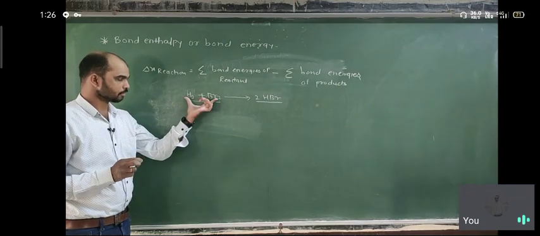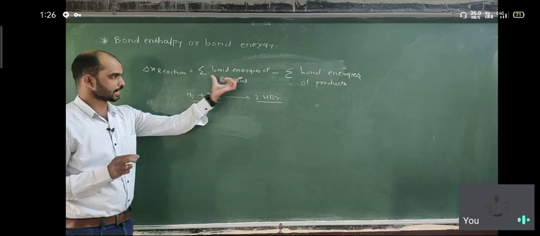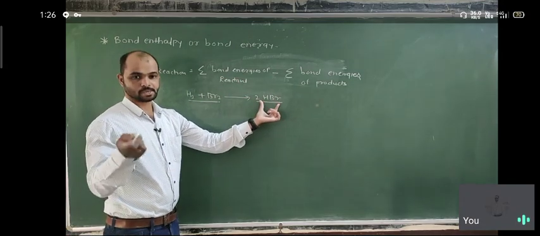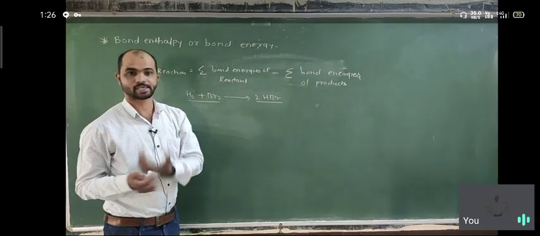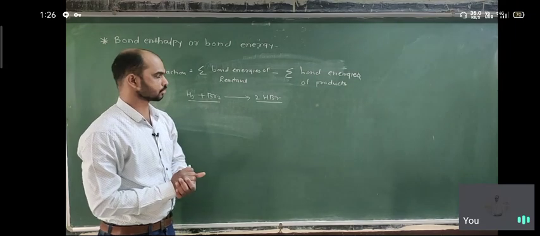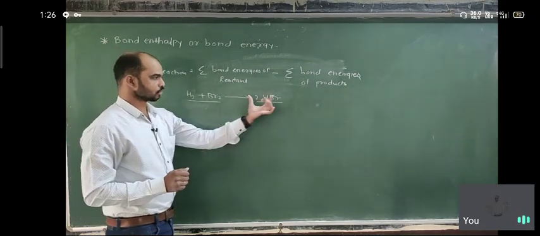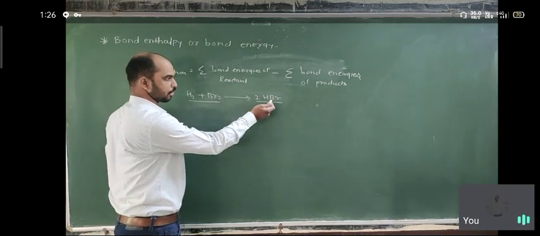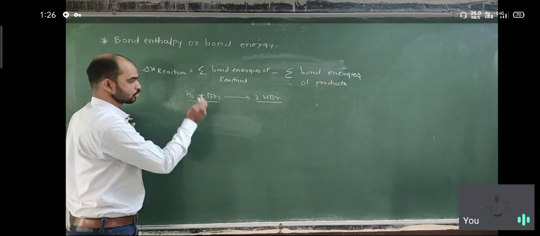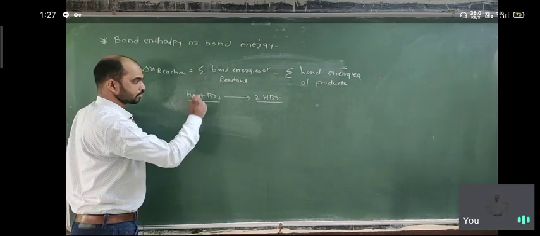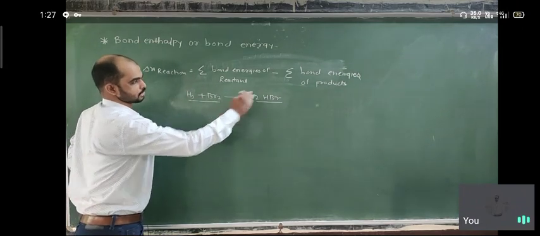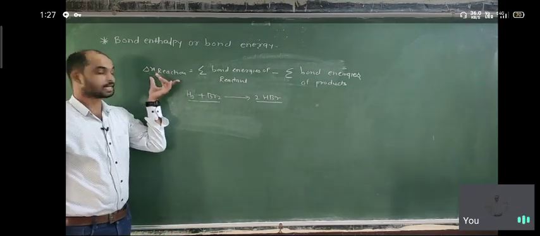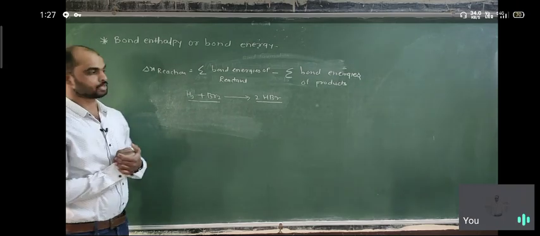So this is the sum of the bond energies of reactants, minus the HBr bond energy, which is again listed, or given when problems are asked. We take the sum for the reactants minus the sum for the products, and we get the delta H of the reaction.